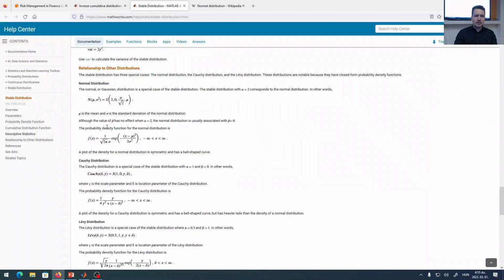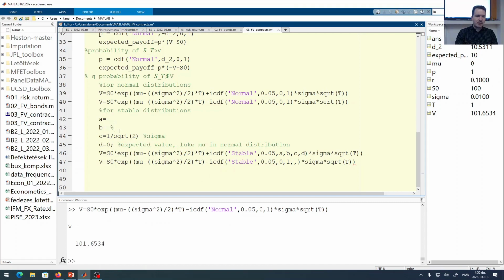And after that, the B is the skewness or asymmetry. So it can be 0, or it can be a negative number, or a positive number. And this is the tail parameter. And what I'm writing here?